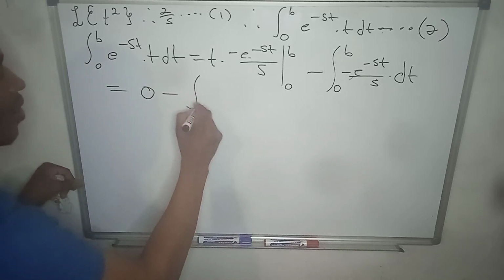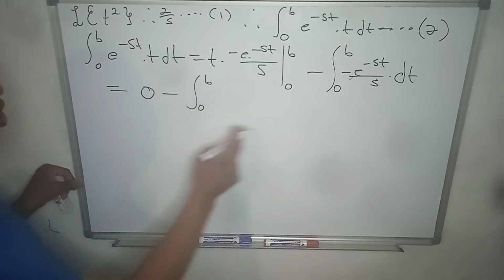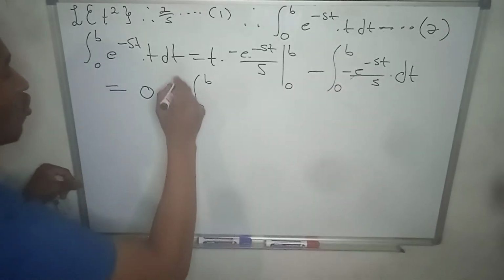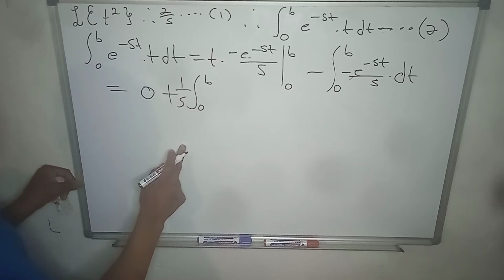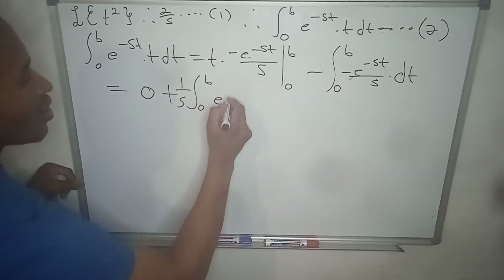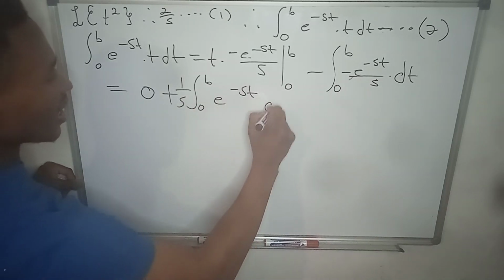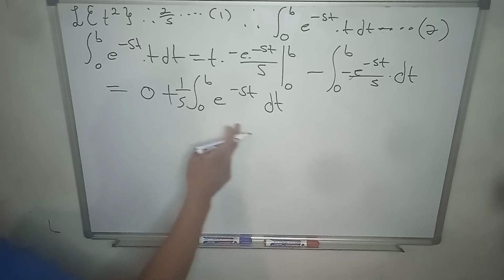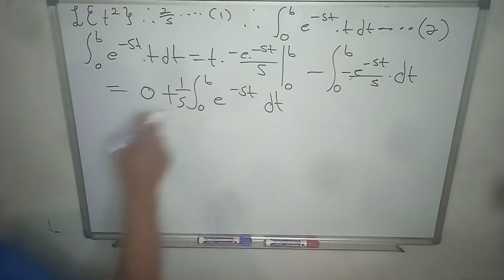Minus minus is just the same as positive, and we have 1 over s times the integral of e^(-st) dt. So this is basically what we'll be having here.